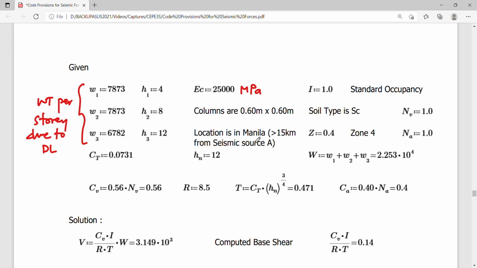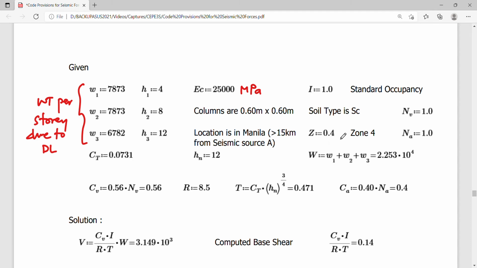Okay, so the location is in Manila so that we can measure the distance of the building from the seismic source. Again, seismic sources are more or less the A, because major fault lines are assumed to be very active, which produces high seismic activity.